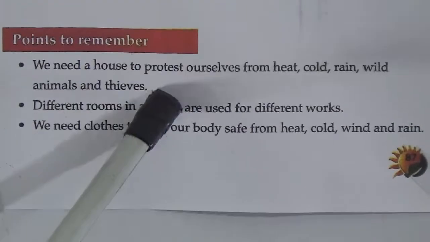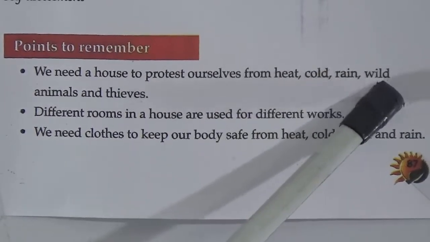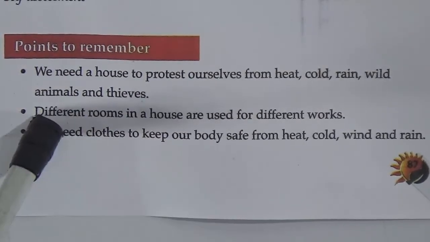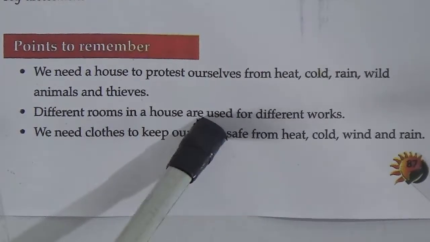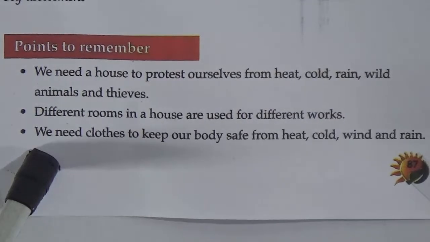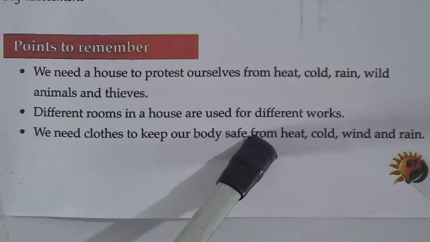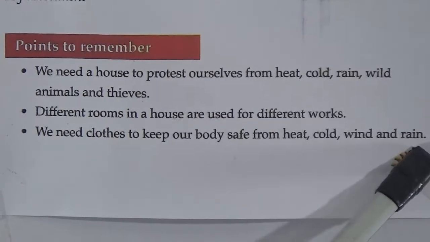We need a house to protect ourselves from heat, cold, rain, wild animals and thieves. And the second point is different rooms in a house are used for different works. And the third point is we need clothes to keep our bodies safe from heat, cold, wind and rain.